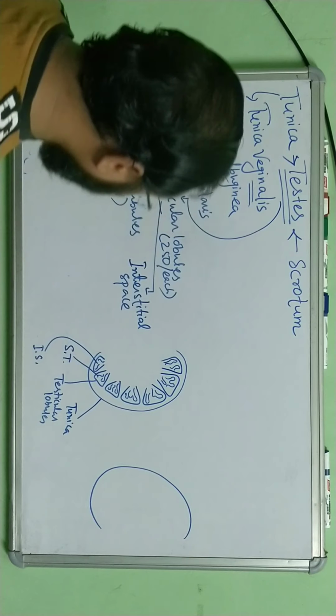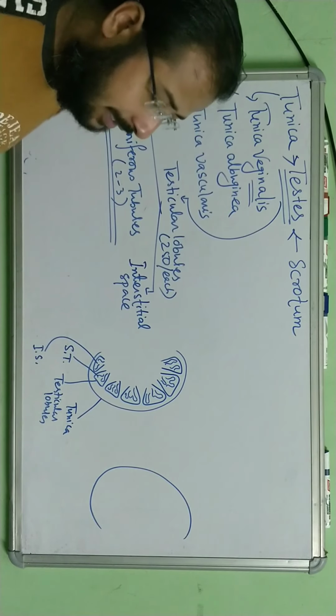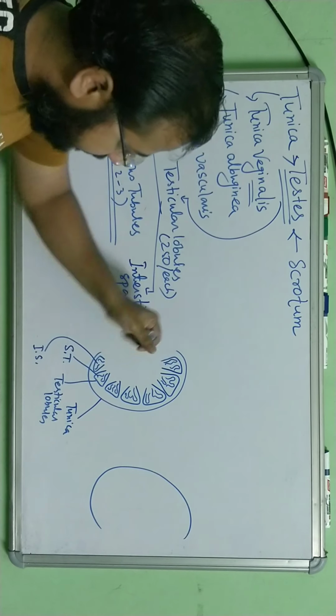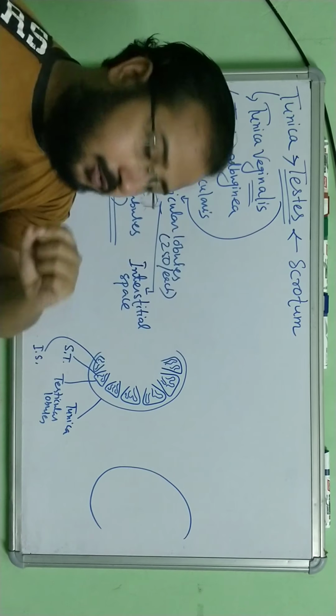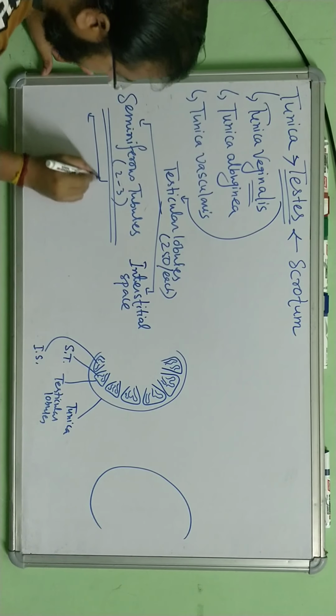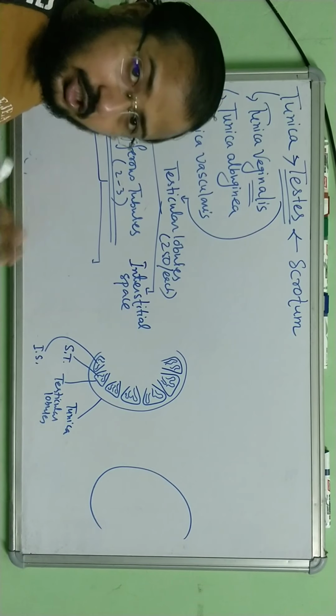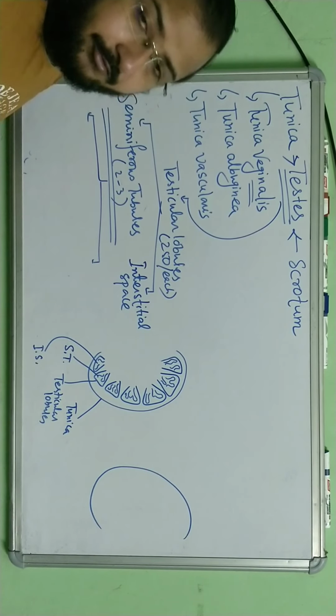Now, this seminiferous tubule, if I look inside each of these, what will we see? We will see two different types of cells present inside each of these coiled seminiferous tubules.